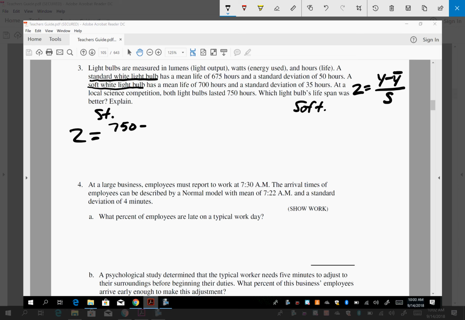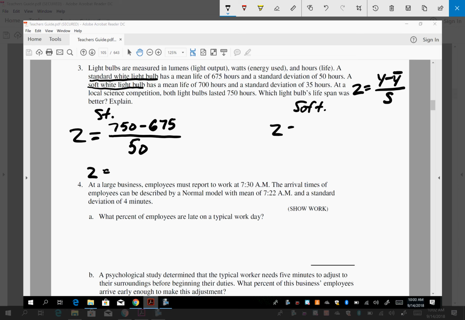Doesn't it say at the bottom here, it says at a local competition, both bulbs lasted 750 hours? So that's where I got the 750. Minus 675 over the standard deviation of 50.